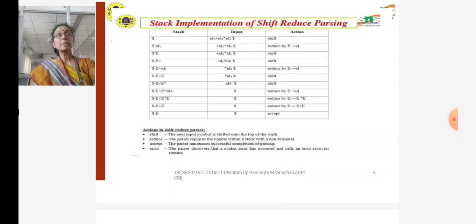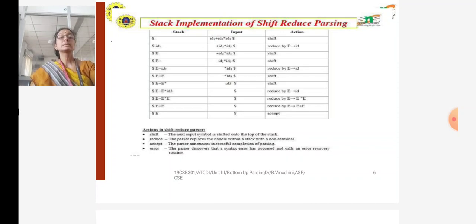So in the stack implementation, we do the shift operation, and once the input symbol is shifted onto the stack, if there is a corresponding production for a non-terminal, it is reduced. So finally we have an accept.